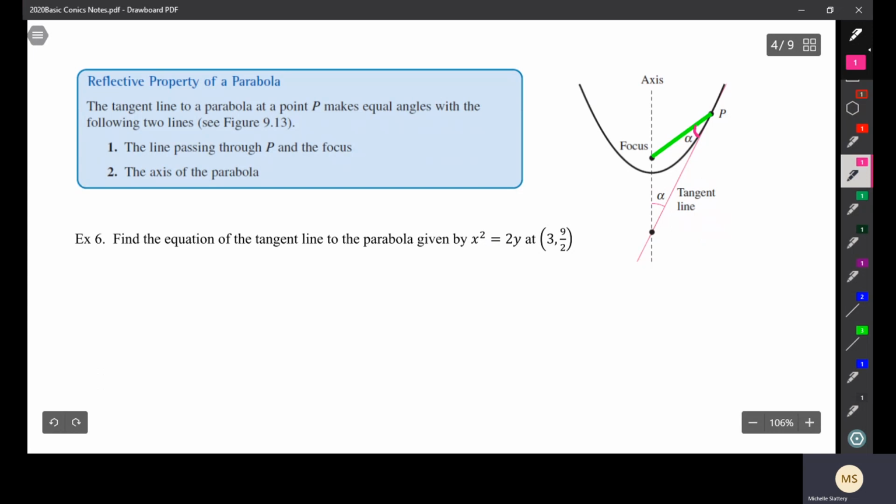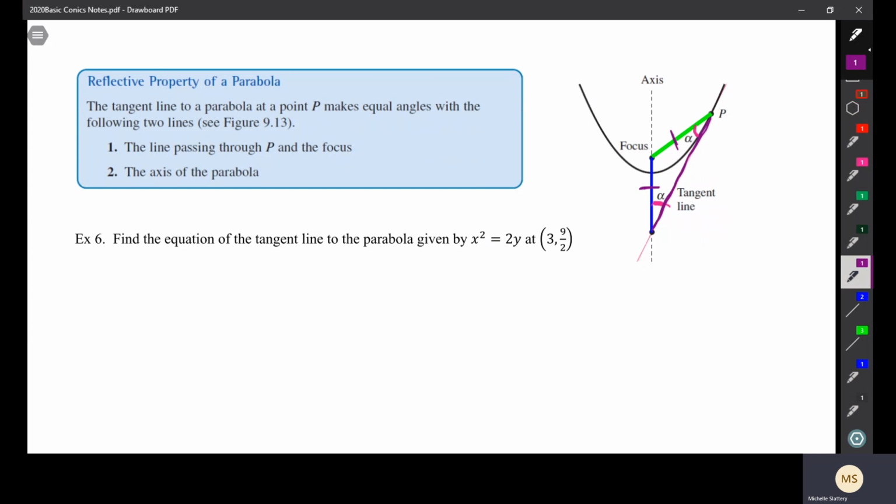And then if I draw the segment from the focus to where that tangent line intersects the axis of symmetry, then that angle is also congruent, which means this makes an isosceles triangle. Since that's an isosceles triangle, we know that the green segment here is going to be congruent to the blue segment. And that's going to be really important for what we're going to do on the next example.